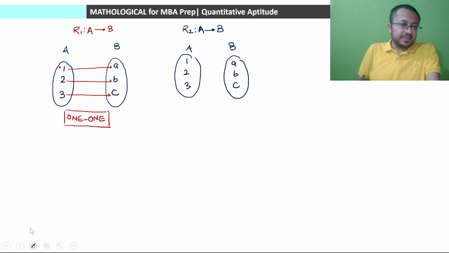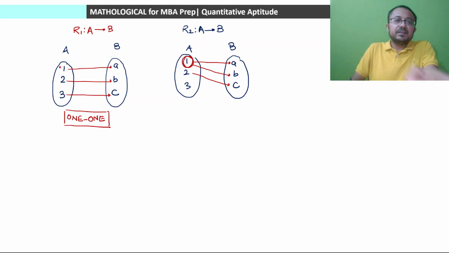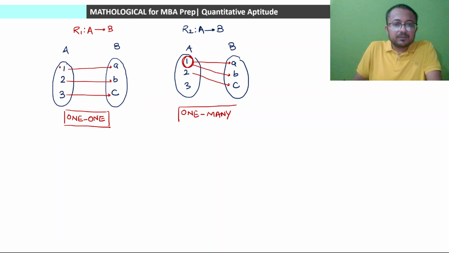Now in such a case, let us say that 1 is related with a as well as with b, and 2 is related with c. Now in this case, exactly one element 1 is related with more than one element. So this is known as a one to many relationship, because one element is connected with many, even if that is exactly one, only one.